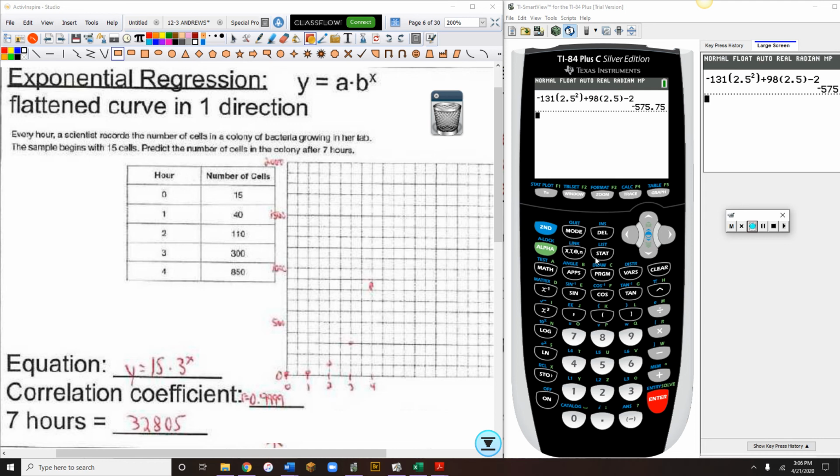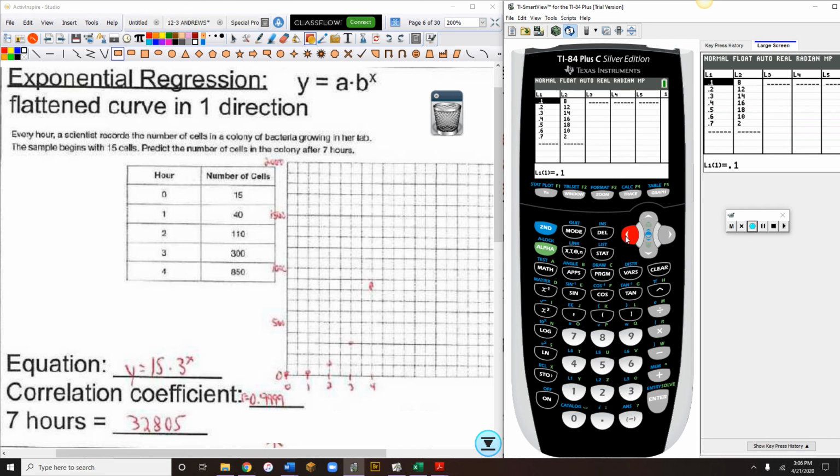So we're going to go to Stat, Edit, and my data from the previous video is still here. I'm going to delete it out. So I've got 0, 1, 2, 3, 4.